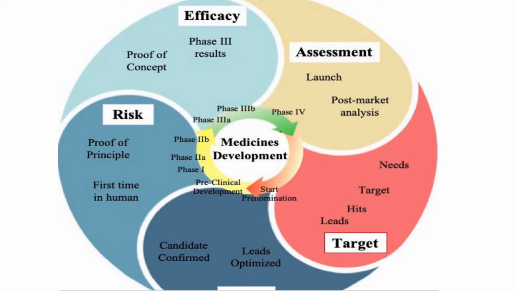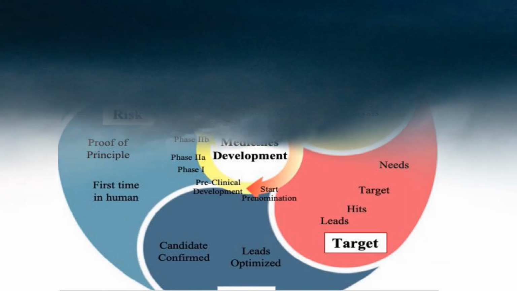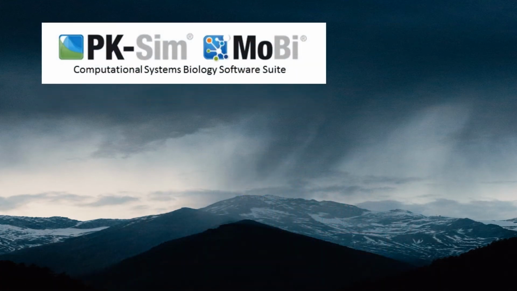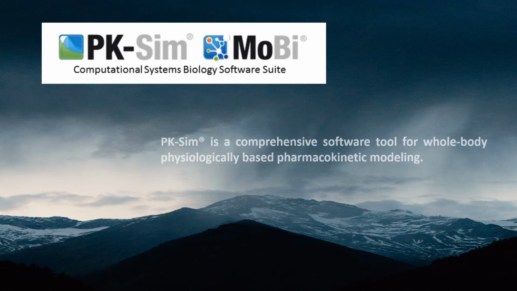This chart is explaining the role of pharmacokinetic modeling at various stages of medicine development. The second software which I use is PK-Sim, part of the Open Systems Pharmacology suite.